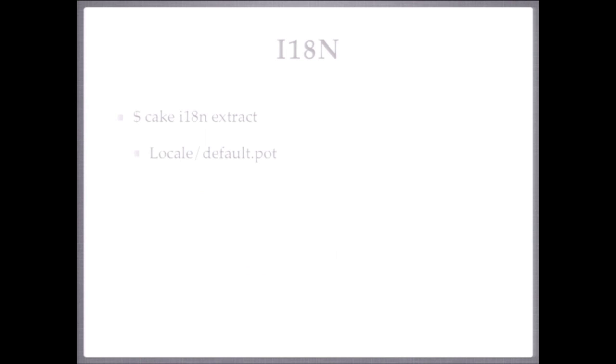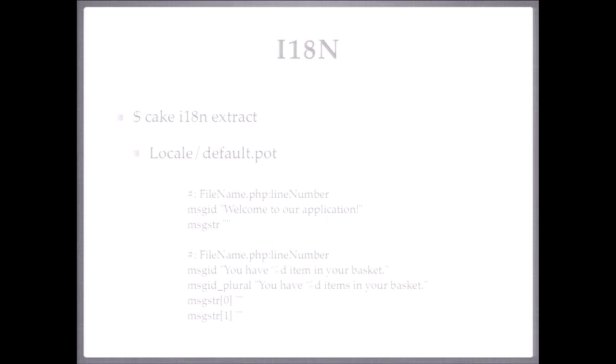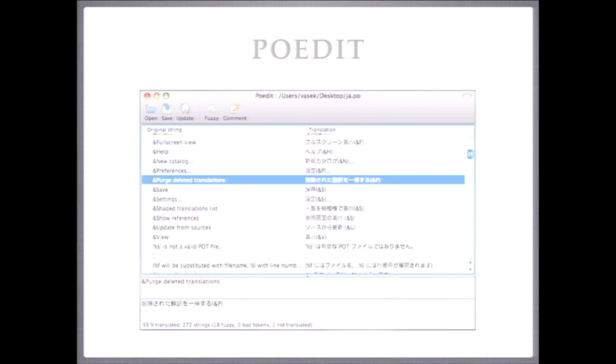this command, and it will create the default.pot. For example, this will be the output of that. It also contains the file name and the line number, so you can easily identify where the string is being used. And to edit that, you can just use an editor, or even use Poedit. It's a software for that, so it covers everything.